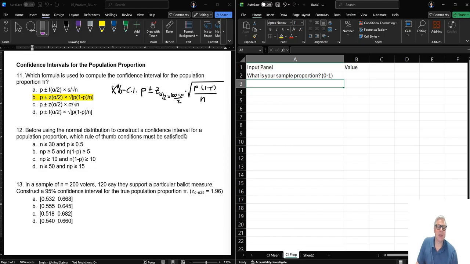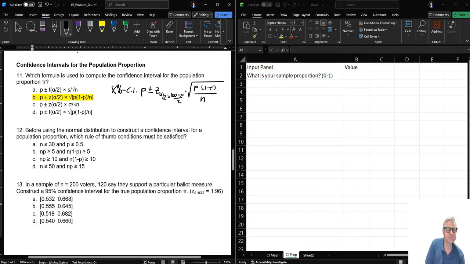And the answer is that your n times p should be greater than 10. So that is the rule of thumb. If that is the case, then your sampling distribution will look approximately normal.